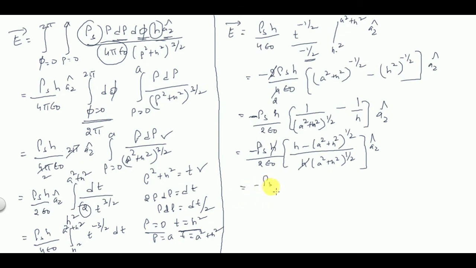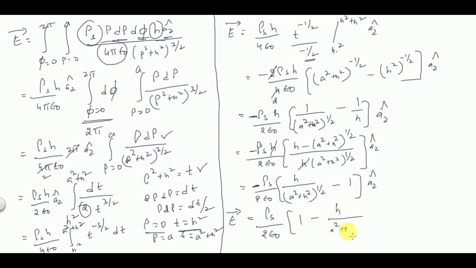Minus rho s by 2 epsilon naught into H by (a square plus H square) whole to the power of 1 by 2, so H by 1, so this will be minus 1, so this and this get cancelled off, so you'll get minus 1 az cap. If you take minus common here, so the final expression E bar is rho s by 2 epsilon naught, so I am taking this minus inside, so it will be 1 minus H by (a square plus H square) whole to the power of 1 by 2 az cap.